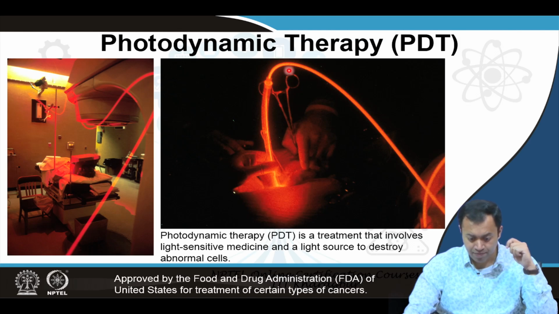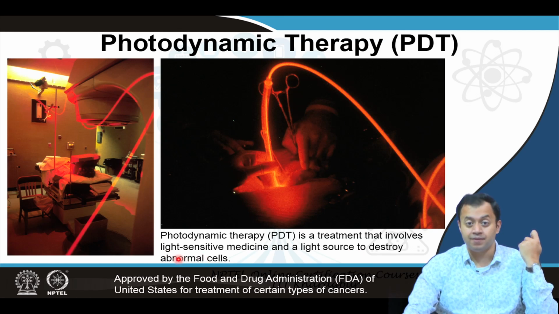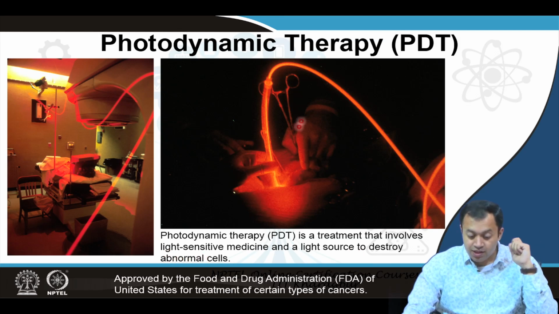You could see the scalpel and scissors, and they are inserting a tube which is basically an optical fiber containing the red laser light, and that red laser light is used to damage, destroy, annihilate abnormal cells. And this therapy, photodynamic therapy, is approved by the Food and Drug Administration, FDA, of the United States.